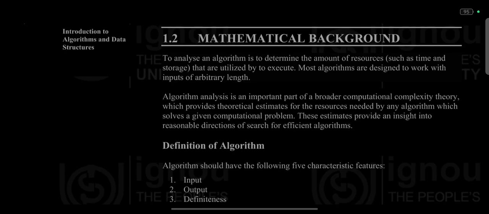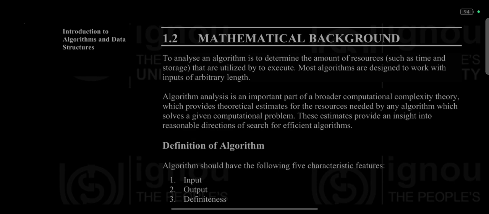Mathematical background. To analyze an algorithm is to determine the amount of resources such as time and storage that are utilized to execute it. Most algorithms are designed to work with inputs of arbitrary length.